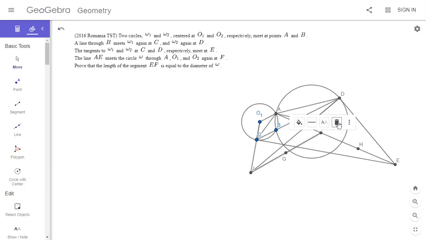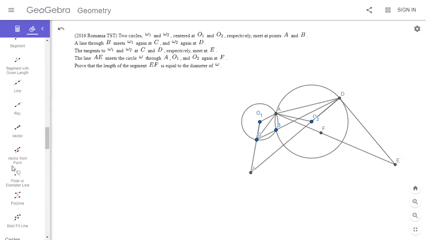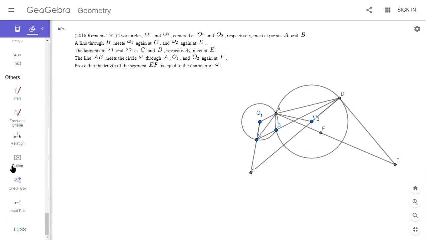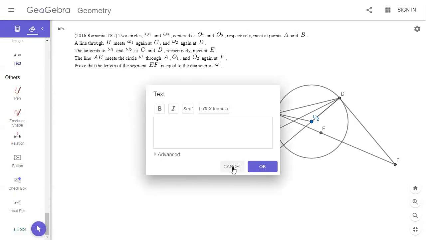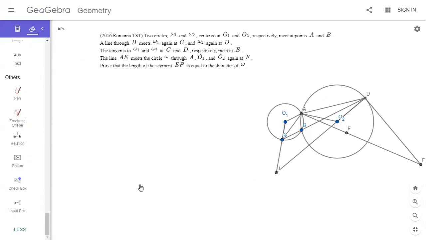Okay, so we start by letting O1C meet O2D at J. And then first I'm going to prove that O1AO2J is cyclic. Let me move this to the side.